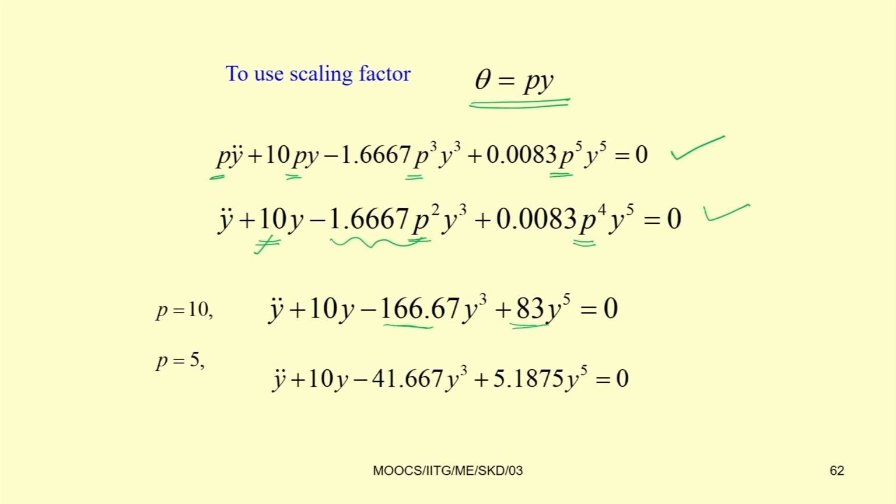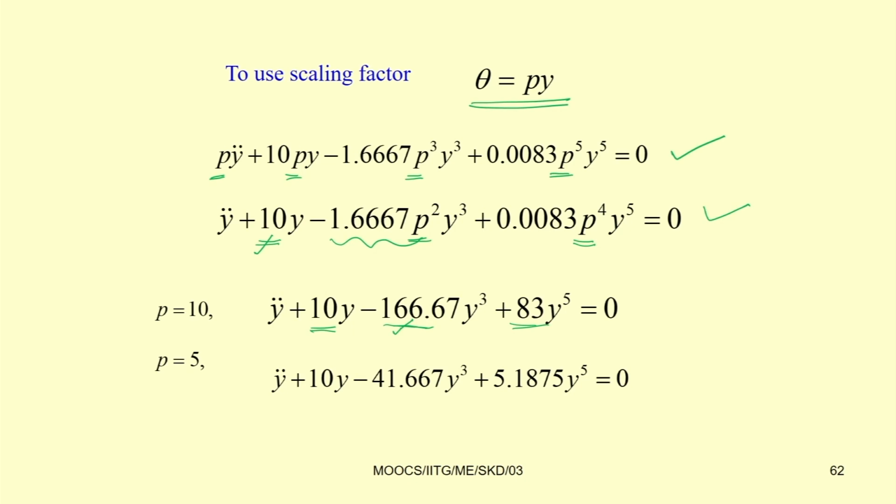In this particular case you have seen the coefficient of y cubed equal to 166 and the coefficient of y equal to 10 only. So, this is no longer a weak nonlinear term, and you may not have the urge to neglect this term.